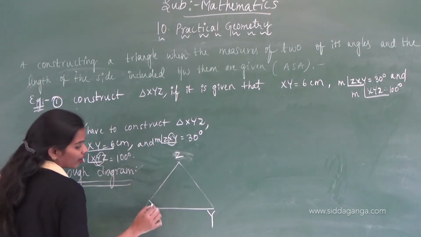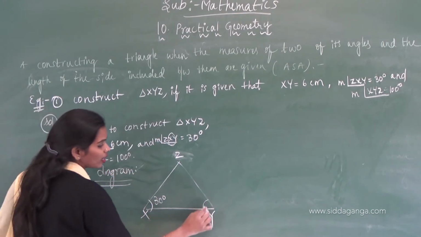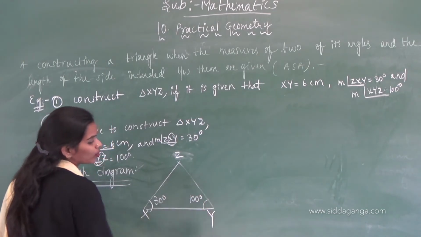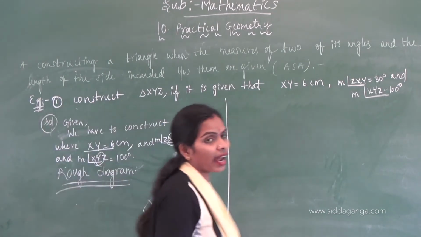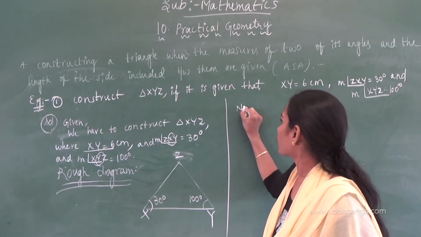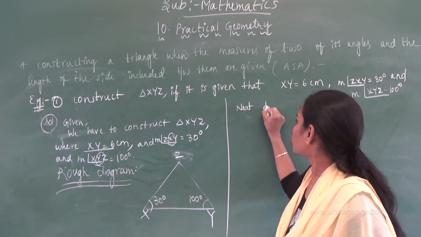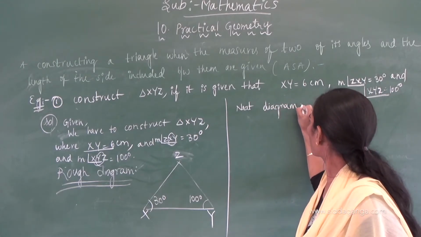Angle X is 30 degrees and this one is 100 degrees, so this will be an obtuse angle. In the rough diagram nothing will happen, and then we have to construct a clean, neat diagram according to the measurements.